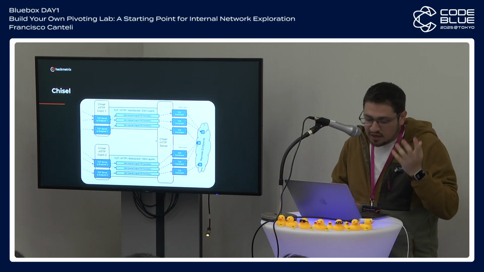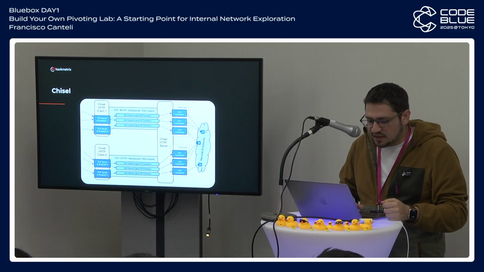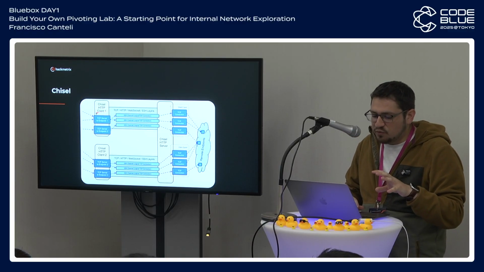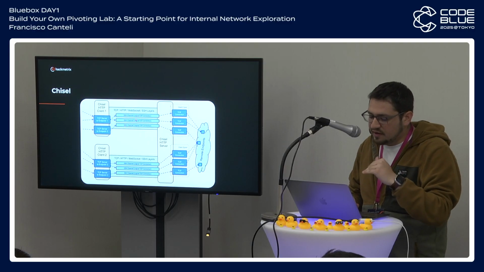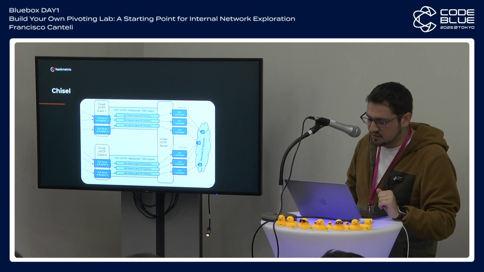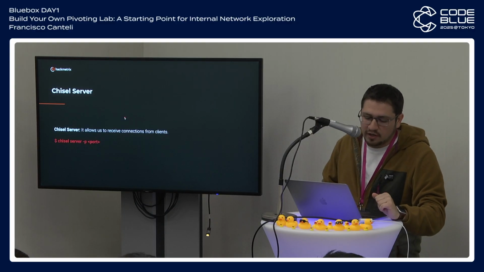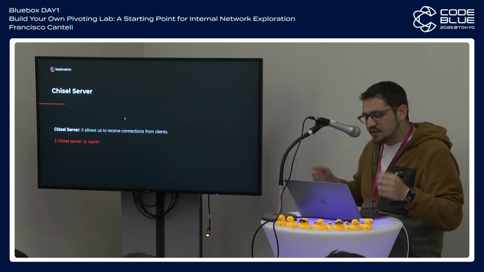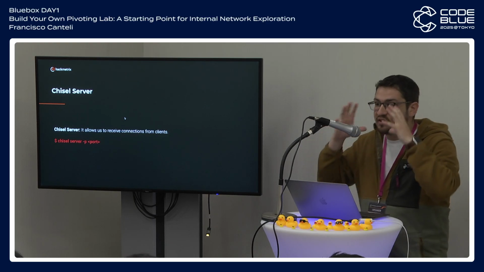Okay, here you can see a graph of how Chisel works essentially. As you can see here, it creates a tunnel between the Chisel client and the Chisel server, an HTTP tunnel, and encrypts using SSH. Great. So we have the two modes of Chisel. As I told you before, you have the Chisel server, well, the same binary, right?